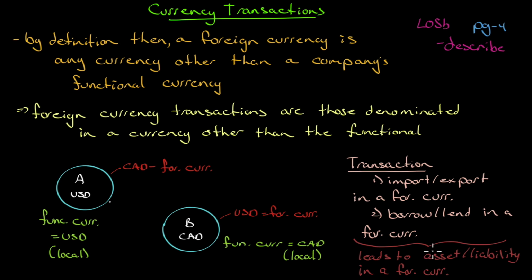Now, I need to make a point here. If A sells to B in Canadian dollars, A has a foreign currency transaction. That transaction may not lead to an asset or liability if A sells to B with no terms. In other words, I'll sell it to you, but you've got to pay me now.